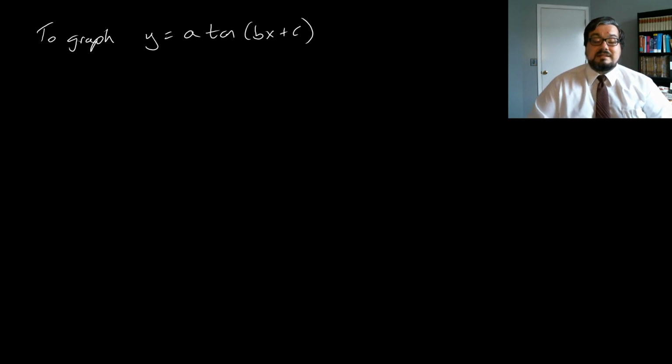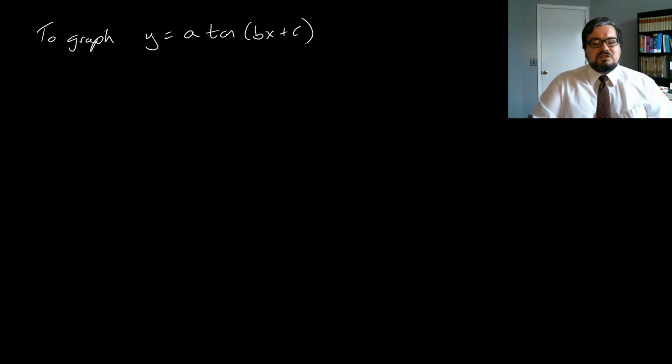So to graph y equals a tangent of bx plus c, rather than building it up in a bunch of steps like we did last time, we can look at all of these together, because we can often do these at once.